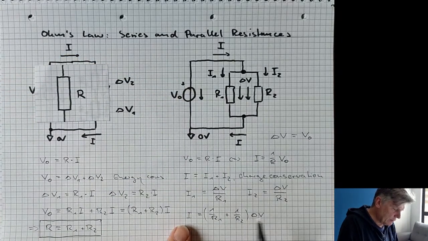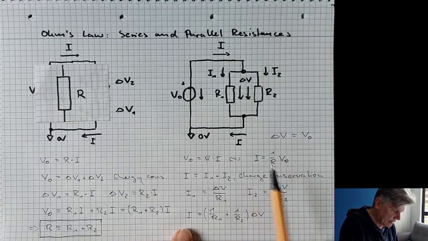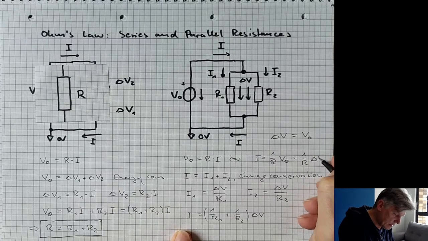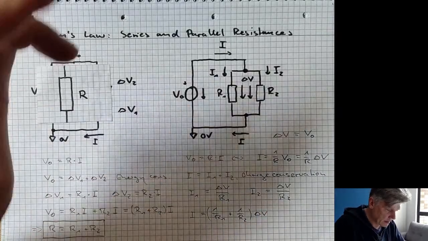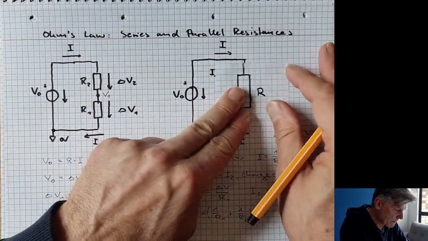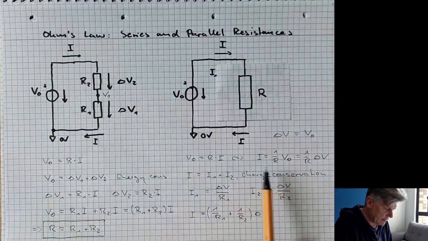Good. So now if you compare these equations, on one hand we say, okay, I is 1 divided by R times delta V, when we look at the total system from outside.